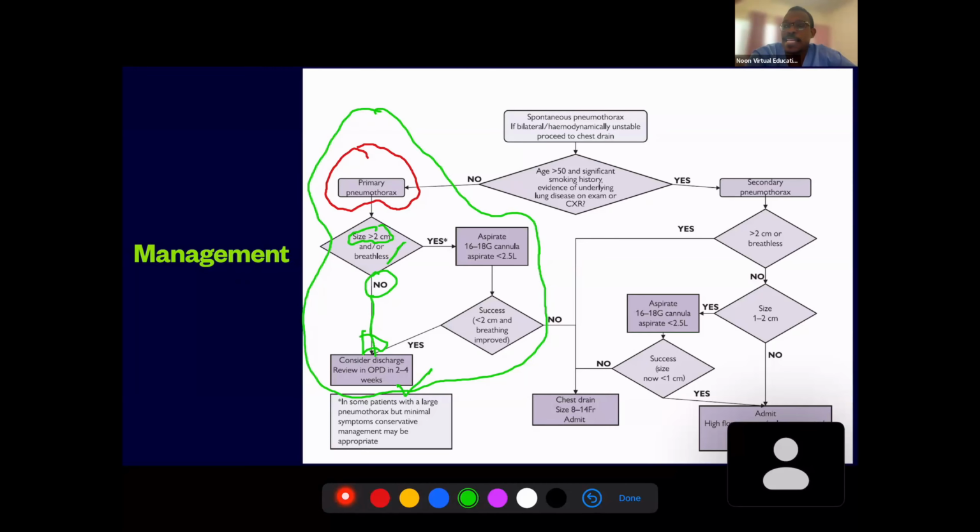If the size decreased to less than 2 centimeters, or the patient's symptoms improved, discharge the patient and give OPD follow-up. Guys, if it is not clear, please stop me immediately and ask, because this is very important. It will help you a lot in managing patients with pneumothorax.